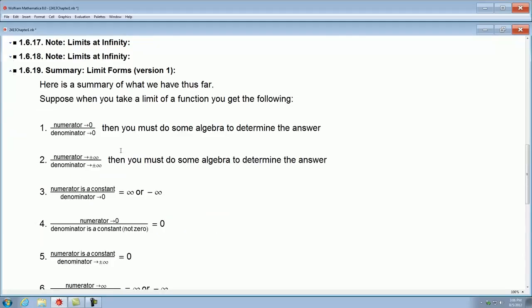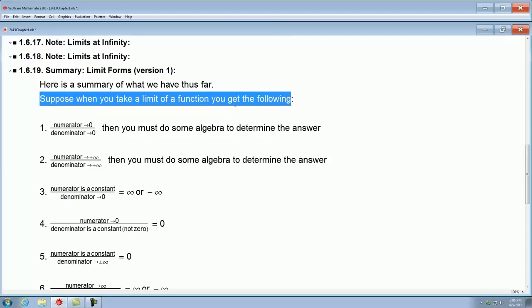So the general idea of the limit: anytime you do a limit, a lot of times you have certain forms that come out. This is just a summary of those forms and what you have to do when you see them. Suppose when you take a limit of a function, you get the following.